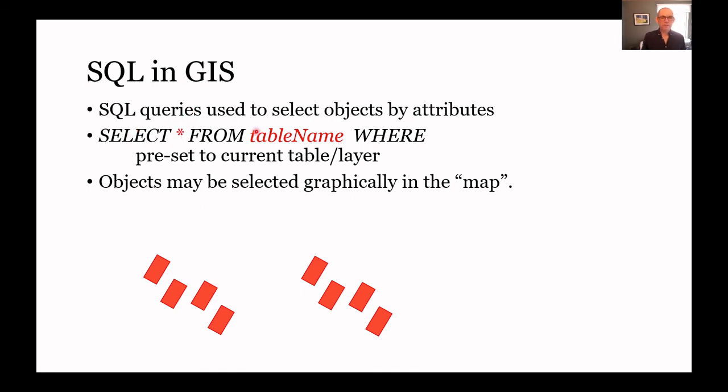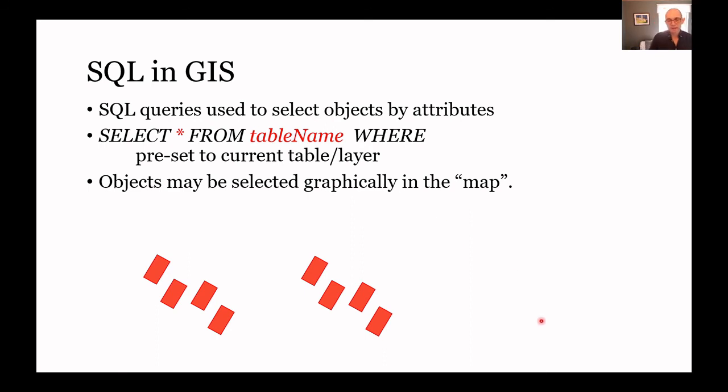Select everything from this table, where the table is actually the active layer, the layer you've specified. You say, I want to search in this one. It writes this bit of the query for you, all the way up to and including where, and then you have to give the conditions. You have to say where something is true or not true. So that's how SQL works. This is select by attribute in our GIS.